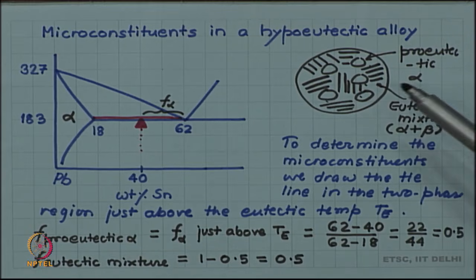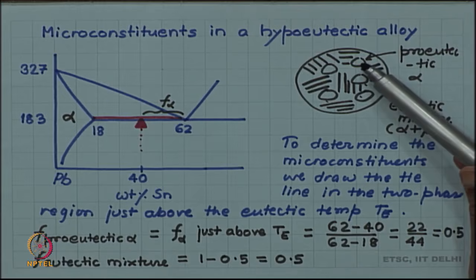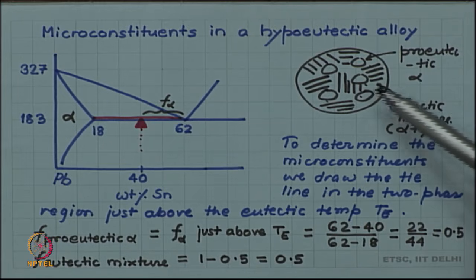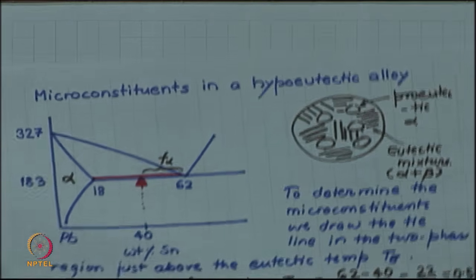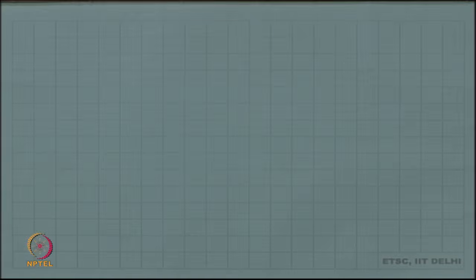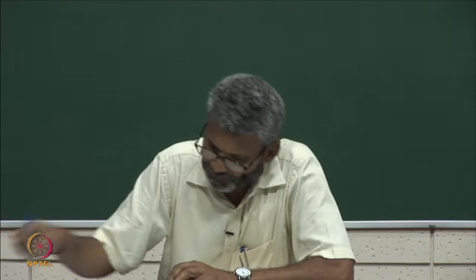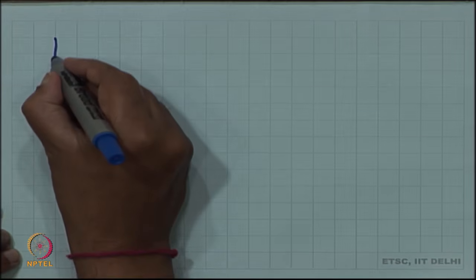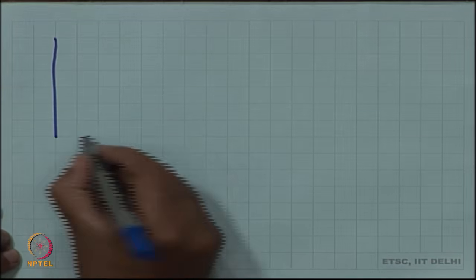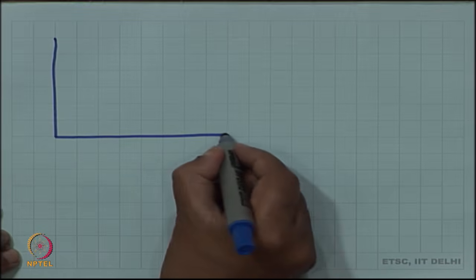Total alpha is some of it pro-eutectic alpha and some is part of the eutectic mixture. So, then you may like to know what is the total alpha and total beta in the alloy. If you wish to do that, then you have to apply the lever rule just below the eutectic temperature.